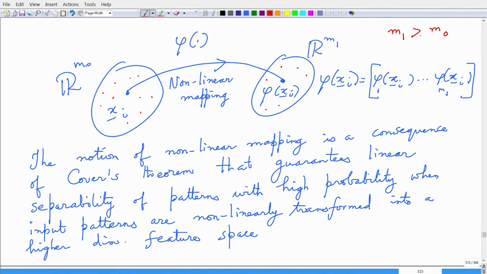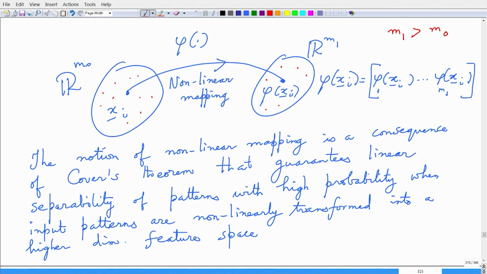I can also put the equality here, but typically we will live with the strict inequality that M1 is greater than M0, but in general you can think of nonlinear transformations where M1 equals M0. Okay.